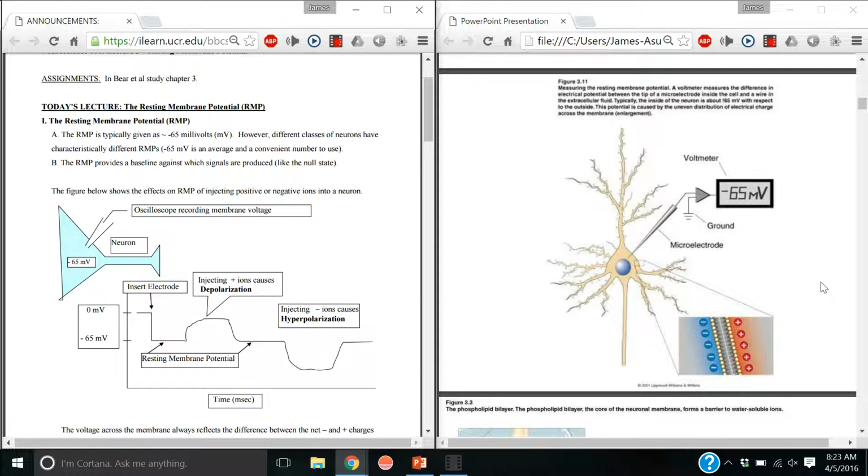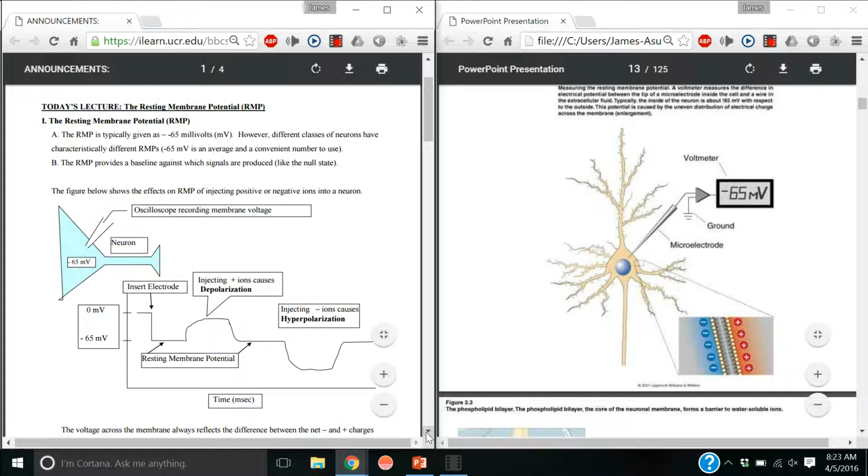And the resting membrane potential is typically given at negative 65 millivolts, negative 65 thousandths of a volt. So we're not talking about a shocking value here. These are tiny values.